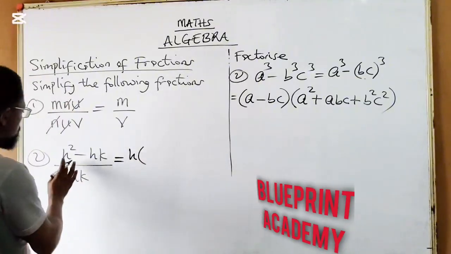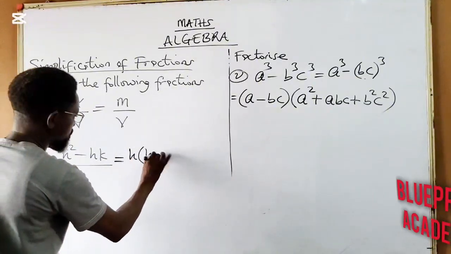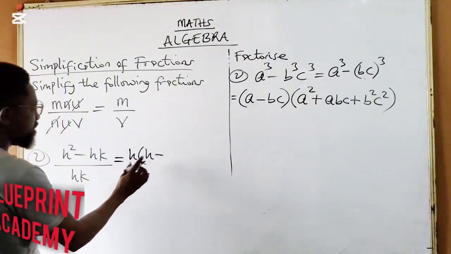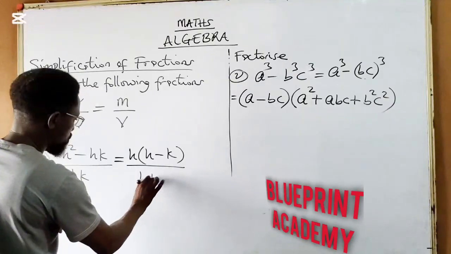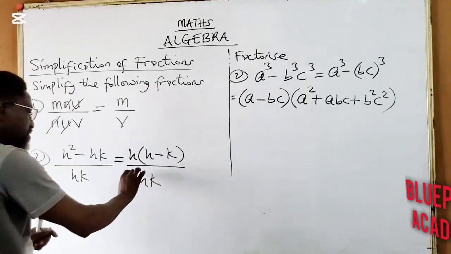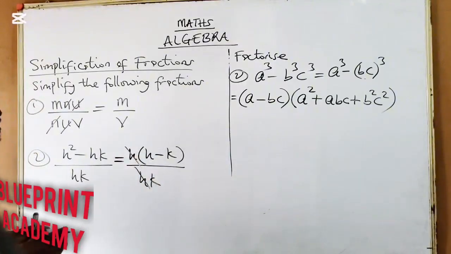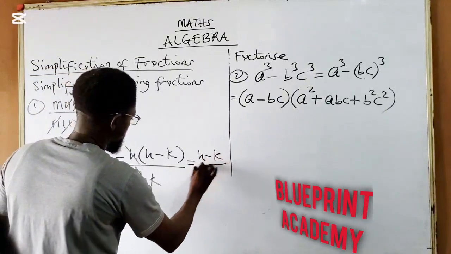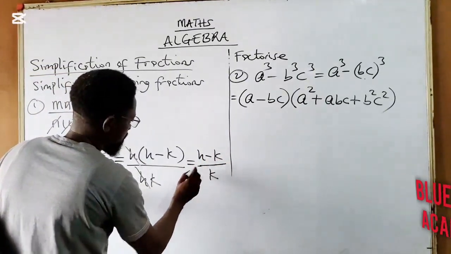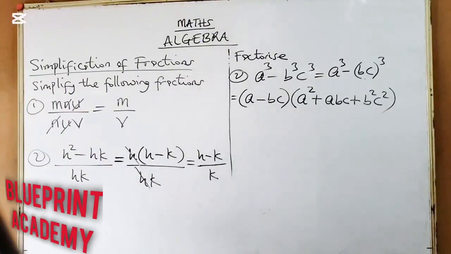So I have h into h squared divided by h is h. Then hk divided by h will give us k. All over hk. So now we cancel this, and after cancellation, what we have is h minus k all over k. And that is the final answer.